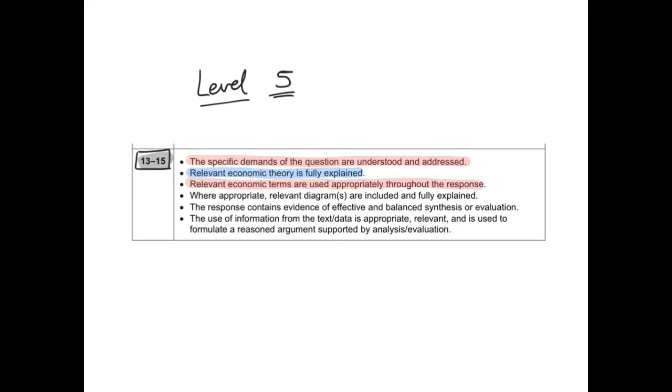You need to make sure that where appropriate, relevant diagram or diagrams are included and fully explained. You need to make sure that your essay, the response, contains evidence of effective and balanced synthesis or evaluation. And you need to make sure that the use of information from the text and data is appropriate, relevant, and is used to formulate a reasoned argument supported by analysis and evaluation.